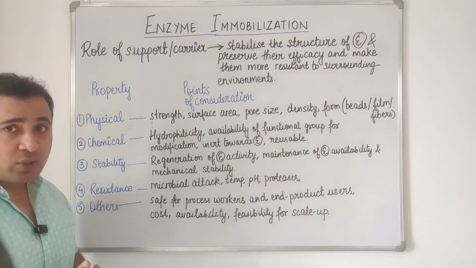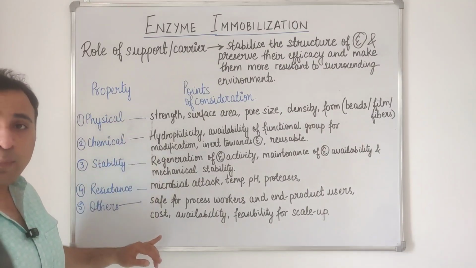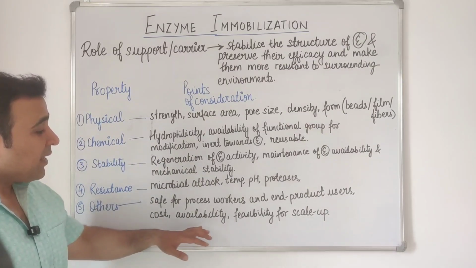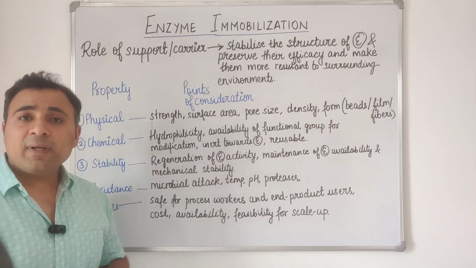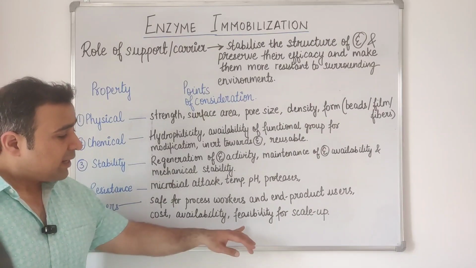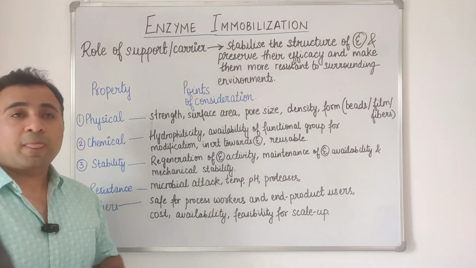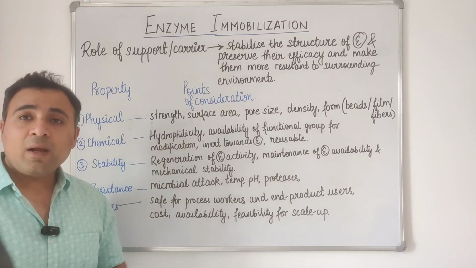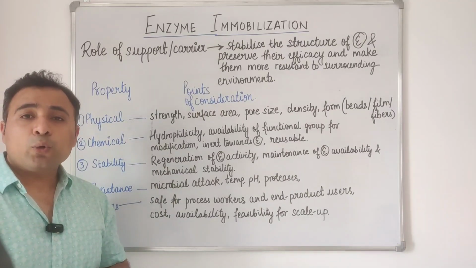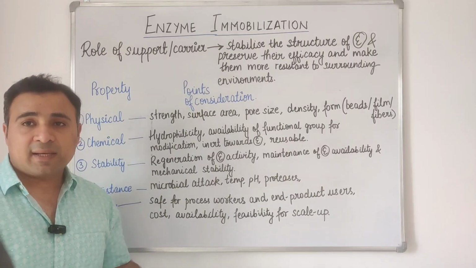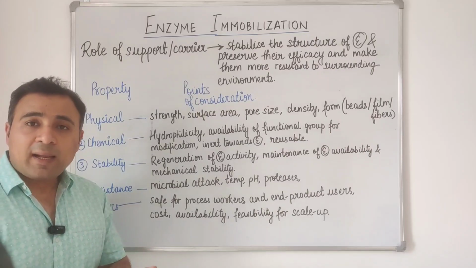Then the cost of the carrier is very important. It should not be very expensive. Availability: it should be readily available. And the last is feasibility for scale up, which means that with a particular support or carrier, it should be possible to use it on a large scale and not just on the laboratory scale.